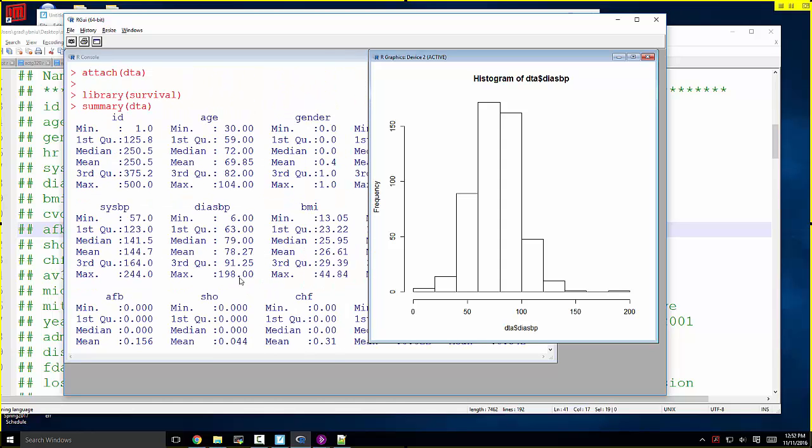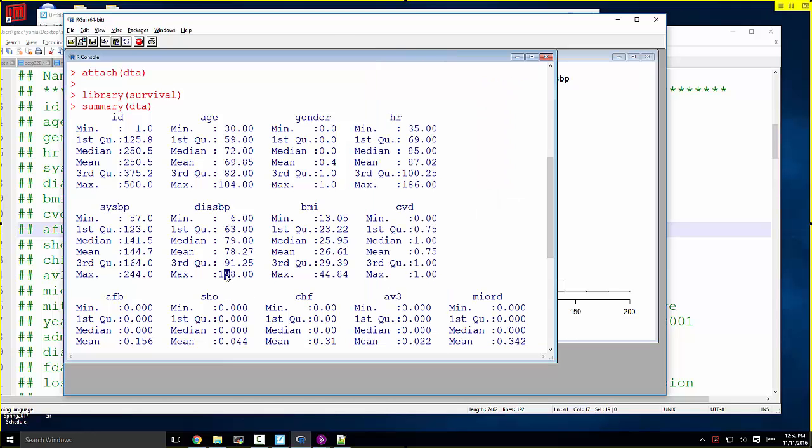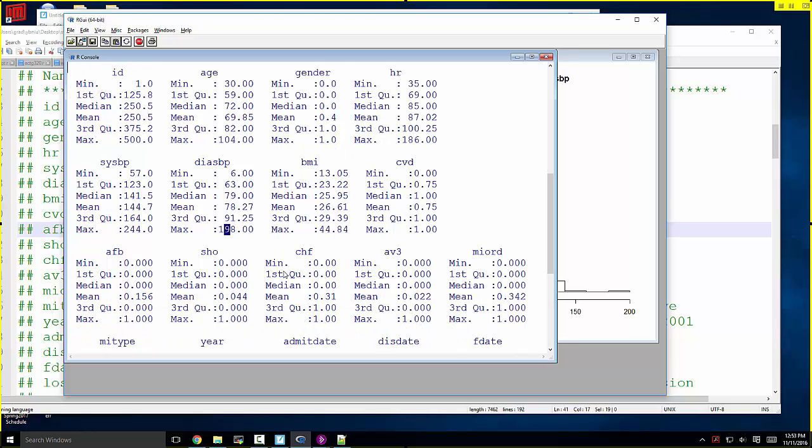So 198, I'm not that worried about that. Doesn't look like it's different enough to be called an outlier to me. Okay, I don't really see anything else all that worrisome.